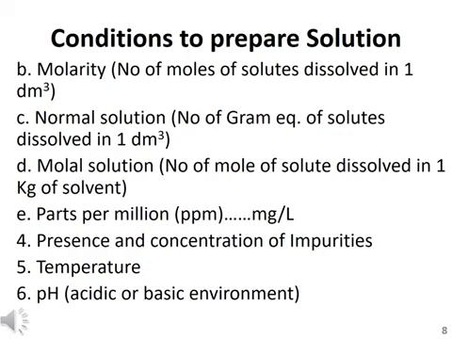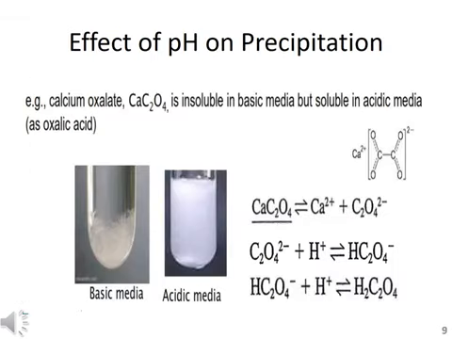We will be very keen towards the environment of the reaction chamber, whether it is an acidic environment or a basic one. In the next slide we will see the impact of this acidity or basicity of the environment on the gravimetric analysis. This slide actually shows the impact of the environment on the process of precipitation.